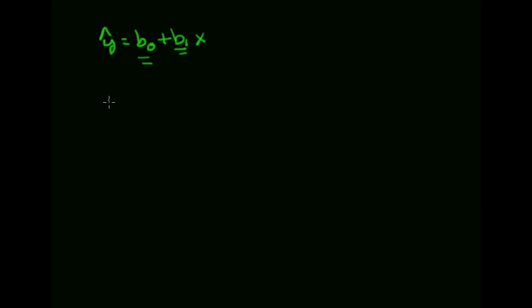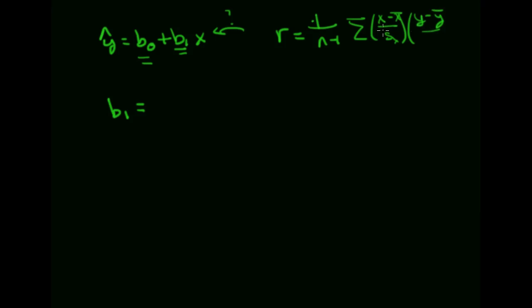The first one that I can get is b1. Now remember, r could be calculated without this, because r was 1 over n minus 1 times the sum of the x values' difference from their mean over their standard deviation, times the y values' difference from their mean over their standard deviation.